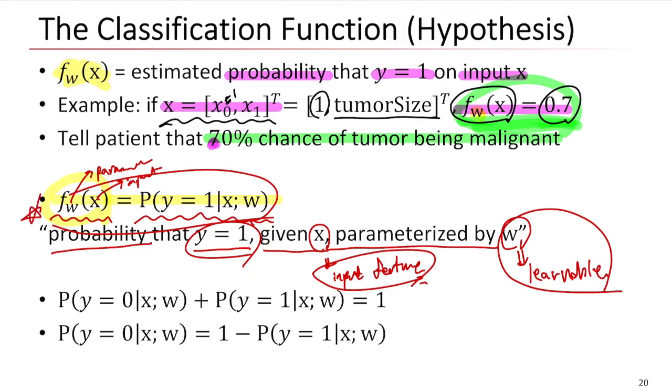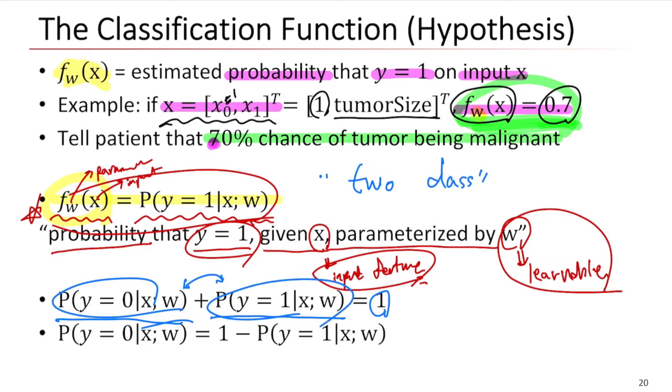What does that mean? Because we assume that there are two class cases, the probability of y equal to 1 and the probability of y equal to 0 should sum to 1.